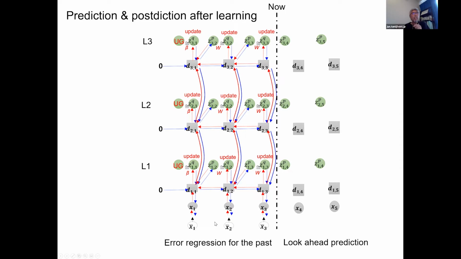So if a new sequence comes, maybe the past interpretation of the event is going to be changed. That is a kind of latent state. We always have to update. Once you are situated, then you can predict the future.